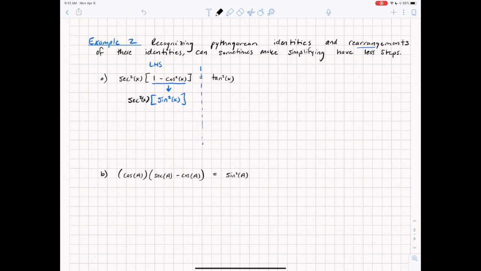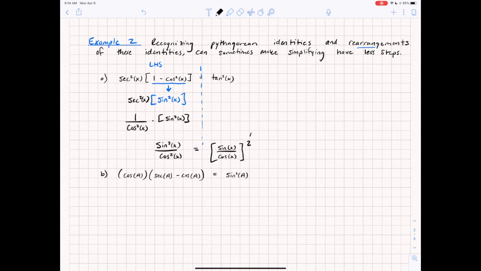Now the next step is to rewrite secant in terms of cosine. So I can write this as 1 over cosine squared. And now when I multiply these two things together, I get sine squared over cosine squared, which is sine over cosine, squared.